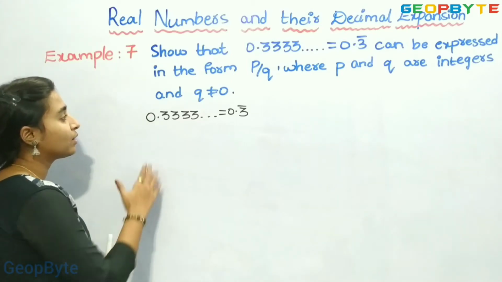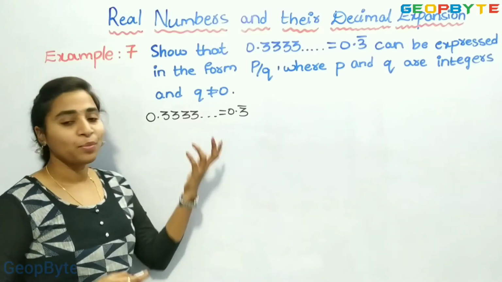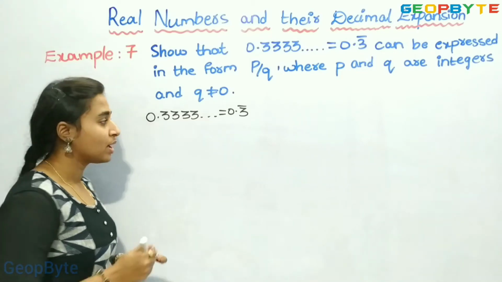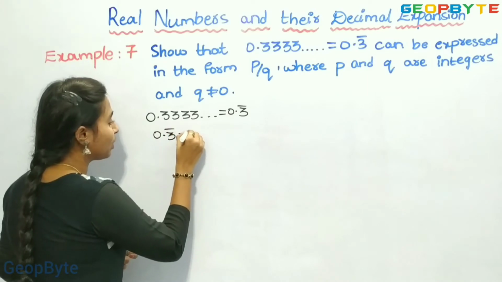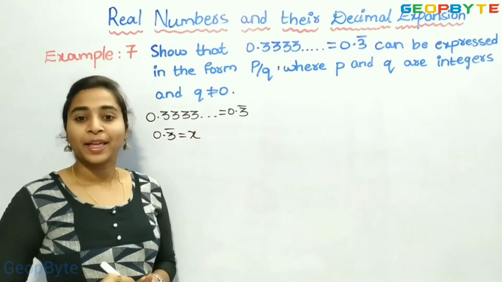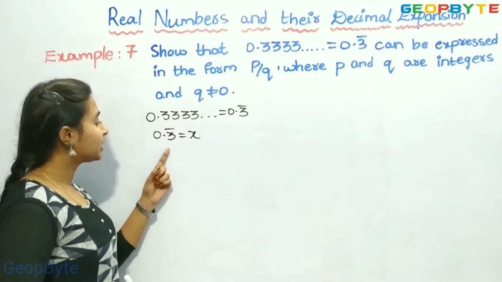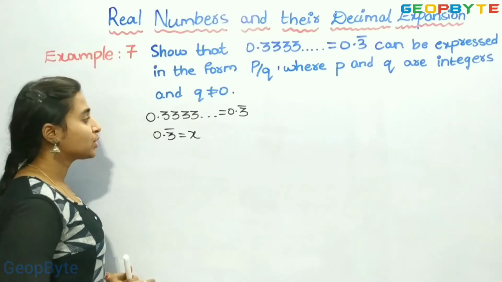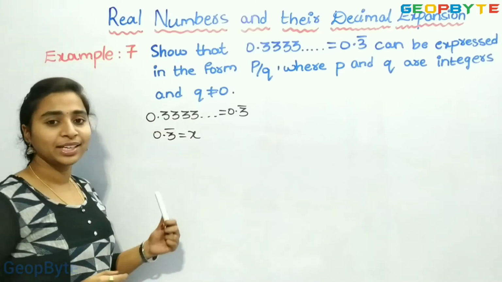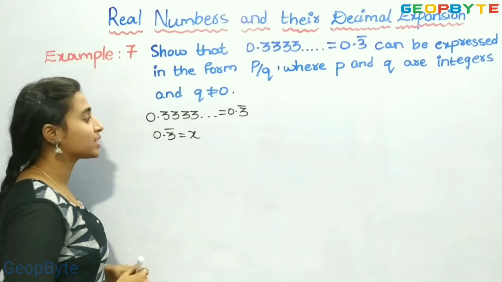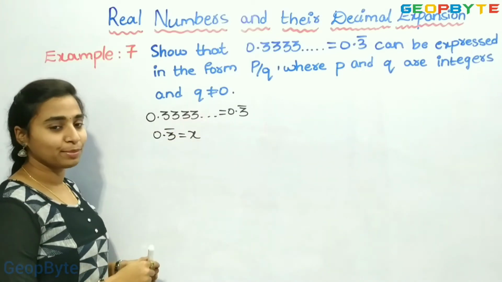Now, see, we don't know what 0.3 bar is here. So, let us assume 0.3 bar is equal to x. So, if 0.3 bar is x, then 0.3333 and so on will also be x, as it is equal to 0.3 bar.